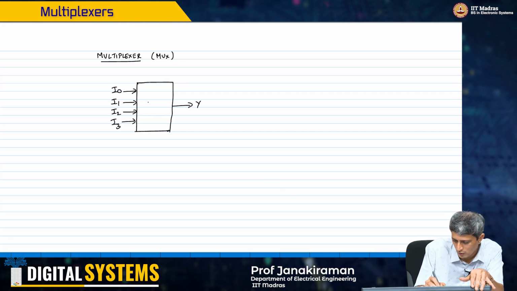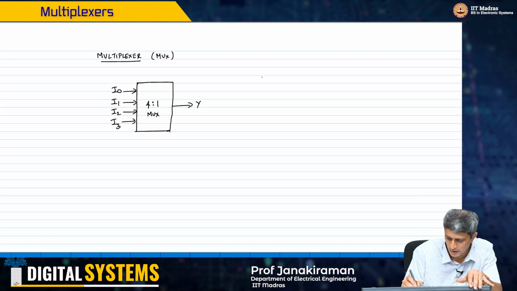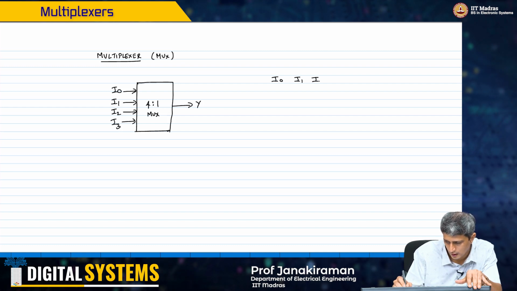So again it's a 4:1 mux. I'm looking at this as a 4:1 mux. Let's look at the truth table as usual. So I have I0, I1, I2, I3.